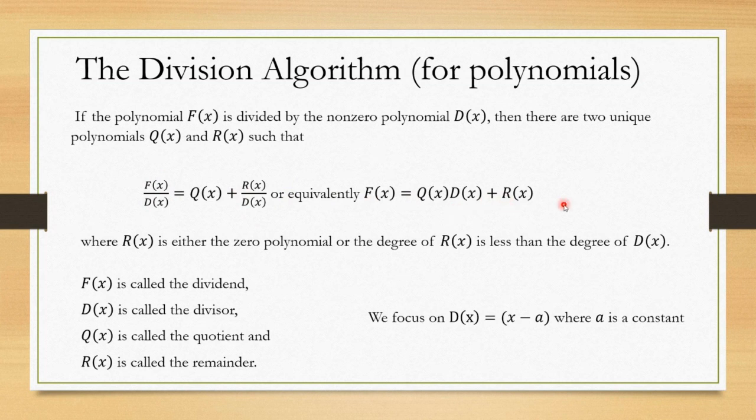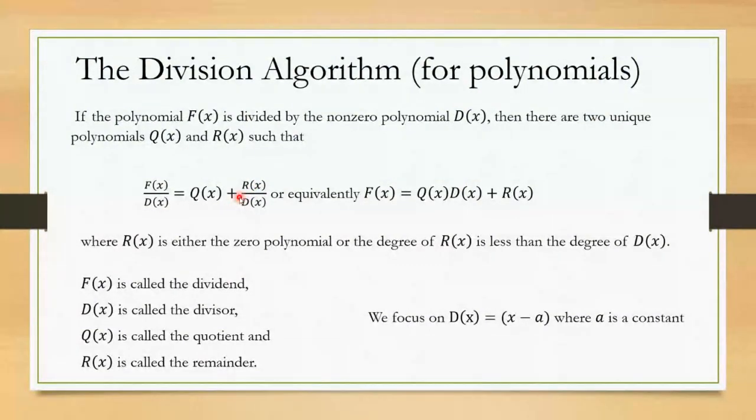It's more useful. So if you divide f of x, a polynomial, by d of x, a non-zero polynomial, you get a quotient q of x and a remainder r of x, where the remainder, though, is either 0, which can occur with integers, or its degree is less than the degree of d of x.